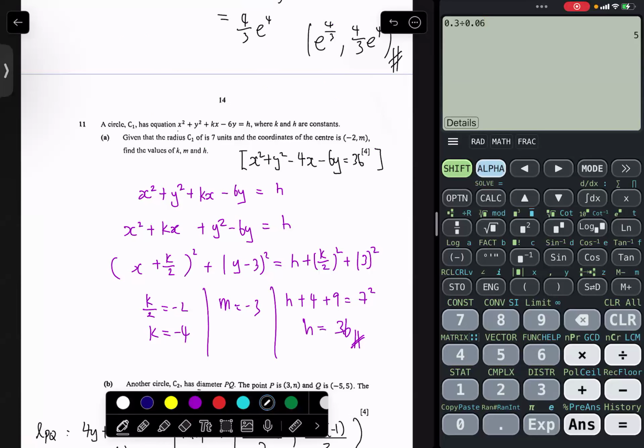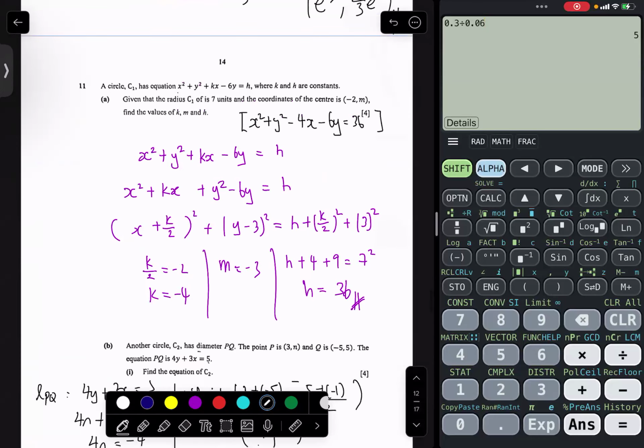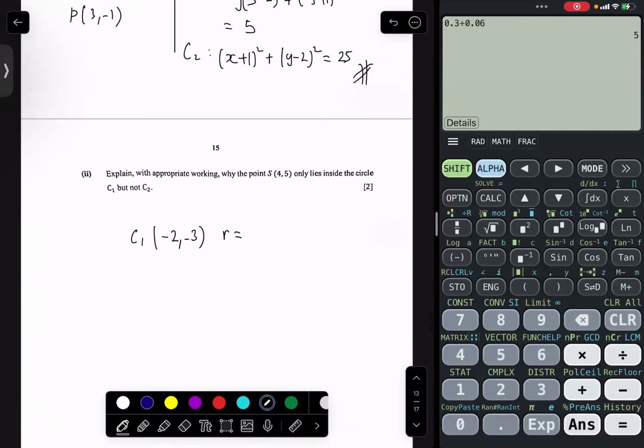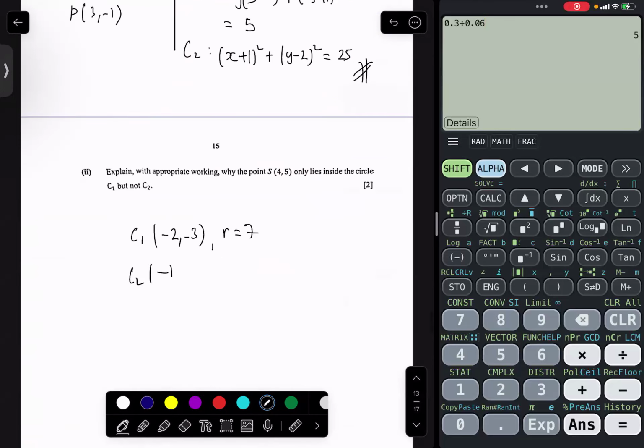C1 is at negative 2 and negative 3, and the radius is 7. C2 is at the center of negative 1 and 2, and the radius is 5.